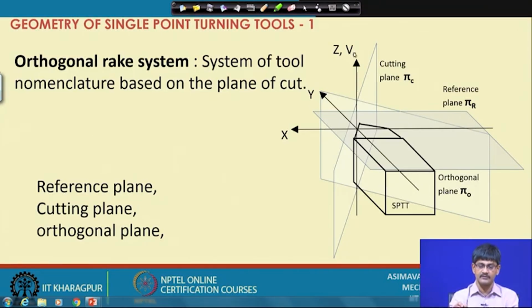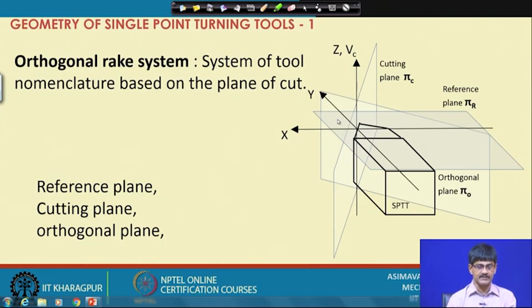If it happens to be along z axis, matters are simplified. This is the reference plane which becomes pi xy plane only. The cutting plane contains the velocity vector and the cutting edge, and the orthogonal plane is perpendicular to the reference plane and perpendicular to the cutting plane.